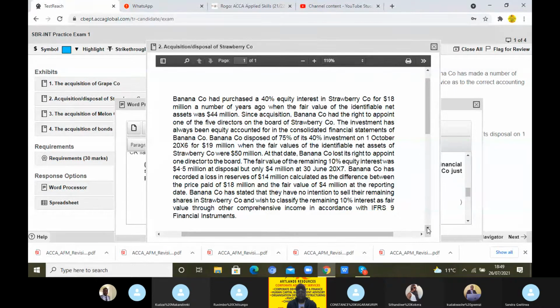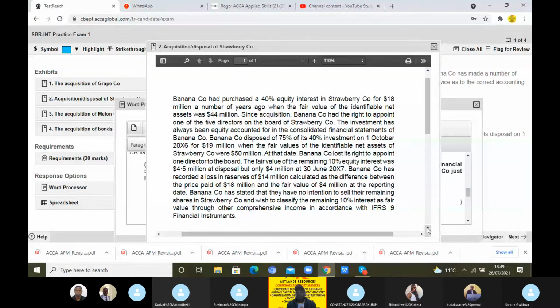The investment has always been equity accounted for in the consolidated financial statements of Banana. Banana Company disposed 75% of its 40% on 1 October 2006 for 19 million, when the fair value of identifiable net assets of Strawberry were 50 million.